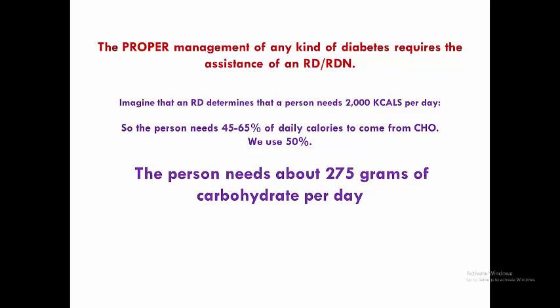So I would teach this person two things. I would teach them how to look at the nutrition facts panel and locate the total carbohydrates. I would tell the person, this line is for people with diabetes who have learned the art and science of carbohydrate counting.